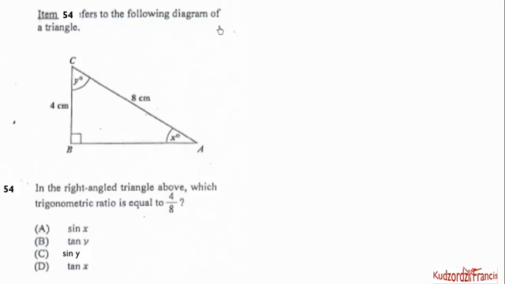Item 54 refers to the following diagram of a triangle. In the right angle triangle above, which trigonometry ratio is equal to 4 over 8? We know 4 over 8 involves the side which is opposite to angle x, and the adjacent and the hypotenuse.